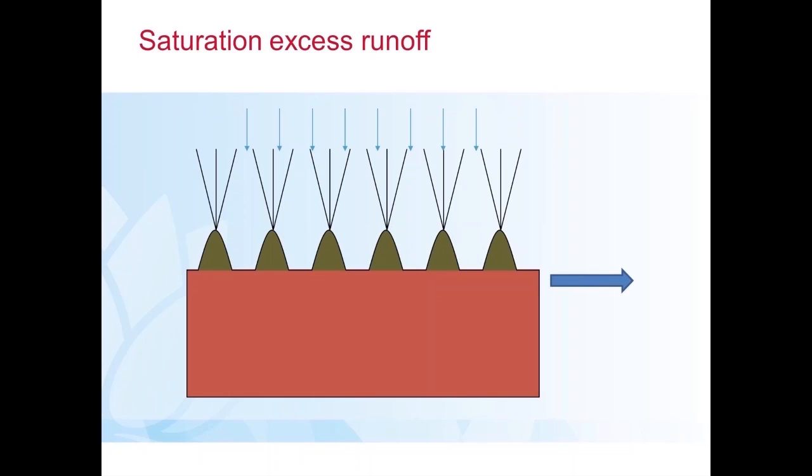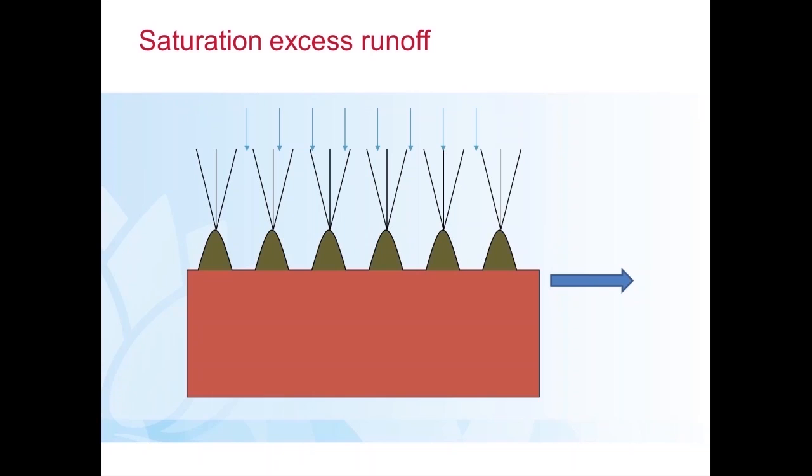You're getting the winter rainfall, and it accumulates and saturates your soil, and at that point any additional rainfall usually goes as runoff. So they're the two dominant processes that cause runoff.